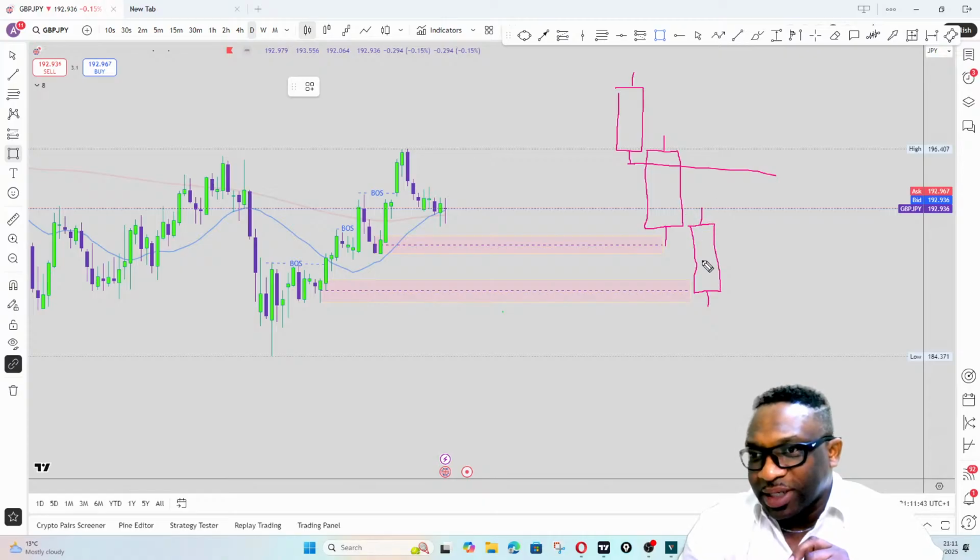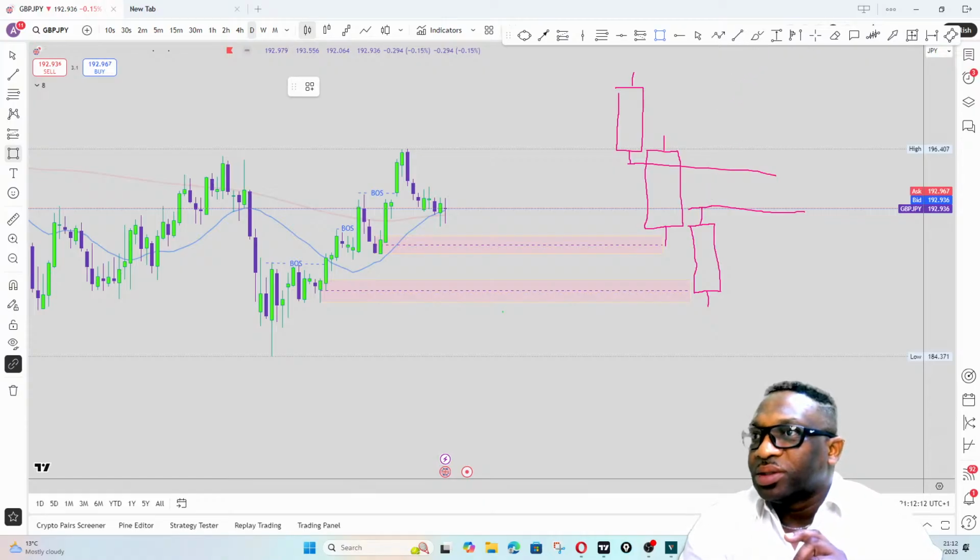The third one also opened, traded up here, and left a gap between the low of the first candle and the third candle, then pushed down. So all that we are concerned with here is this gap between these three candles.